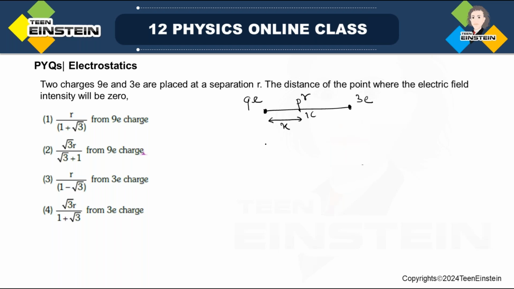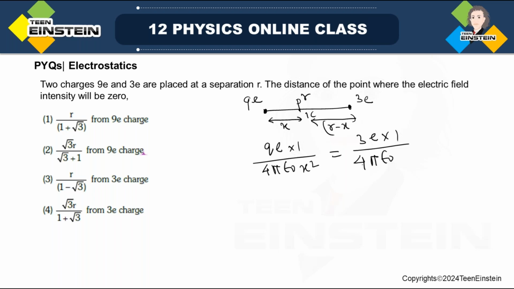Look what I can write. 9e into 1 coulomb, 1 by 4 pi epsilon naught, this distance is x square. This is the force on 1 coulomb. This will be exactly equal to the force 3e into 1 divided by 4 pi epsilon naught, and this distance is actually r minus x, so let me write this as r minus x square.